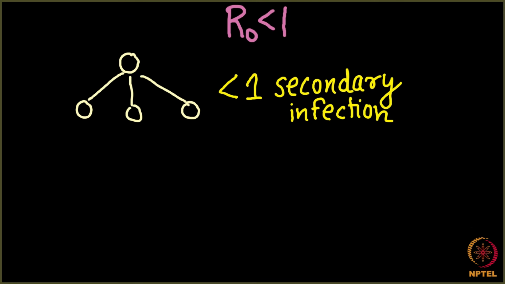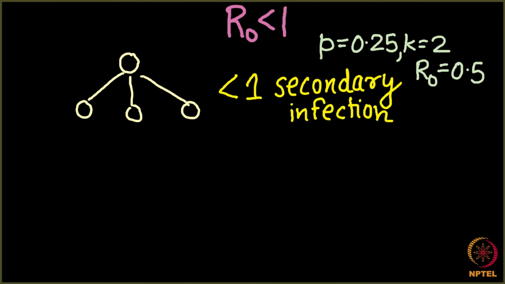If R0 is less than 1, let's take this example. First, let's say P is 0.25, that is the probability of infection is 0.25, and every node is having 2 neighbors, then the basic reproductive number R0 is going to be 0.5. That is, this node here, in expectation, is going to infect half of its children.